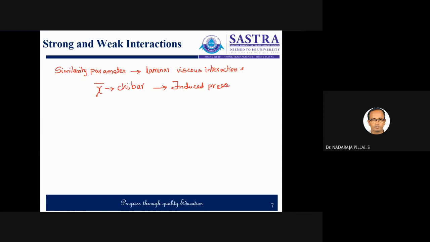So chi bar is expressed as M infinity cubed by the root of Reynolds number, multiplied by root C, where C is equal to rho w mu w by rho e mu e.